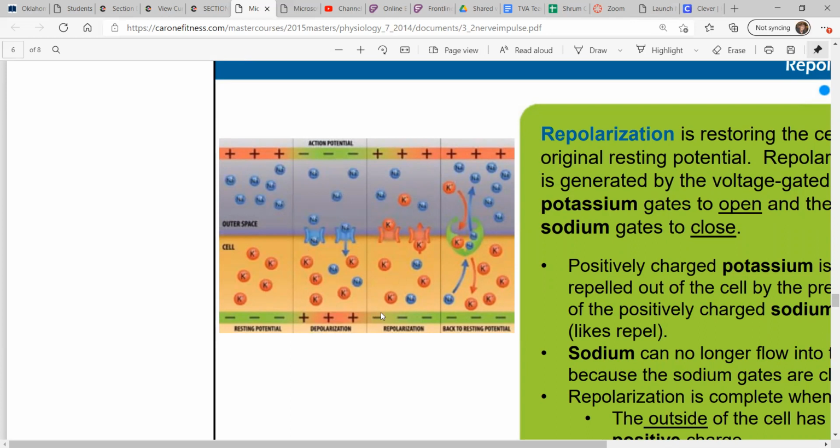Then we have repolarization, where potassium ions are leaving the cell to the outside to make the net charge inside negative again. And then the refractory phase is when potassium ions return and sodium ions return to the outside.